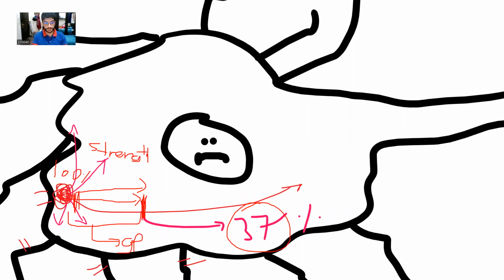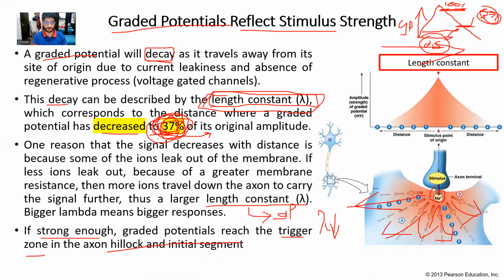It goes and travels. The distance it traveled until it reaches 37% strength is called the length constant. You can see it right here, length constant.